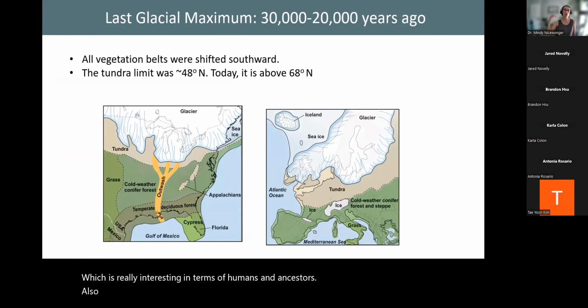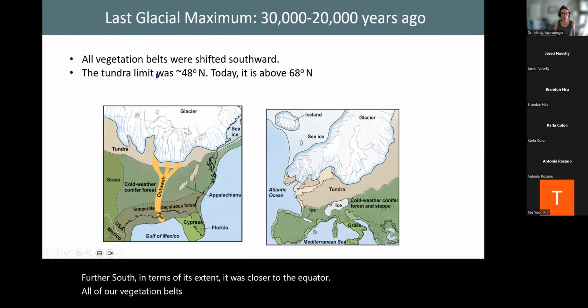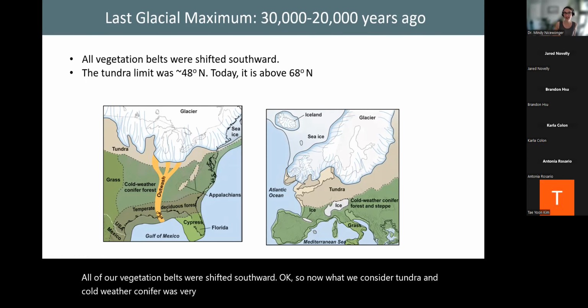Also, because it was so much colder and we had ice much further south, closer to the equator, all of our vegetation belts were shifted southward. So what we now consider tundra and cold weather conifer was very close to, say, the Gulf of Mexico. And now all of those regions have moved northward.